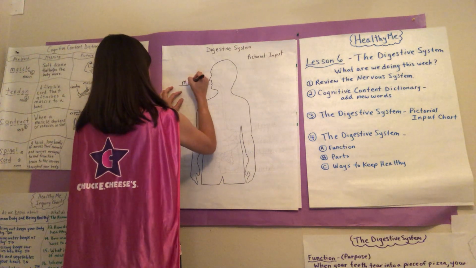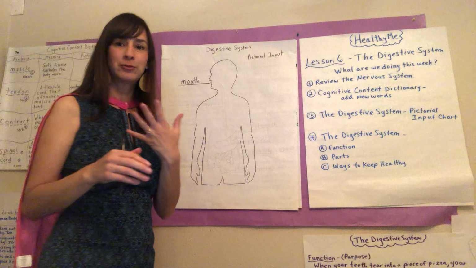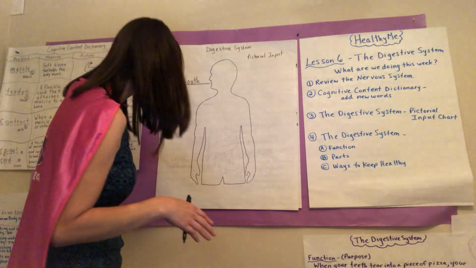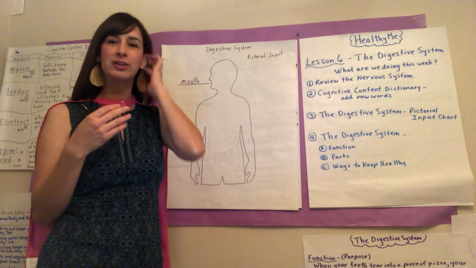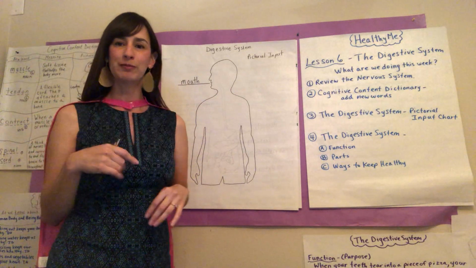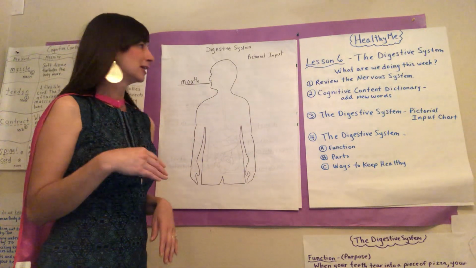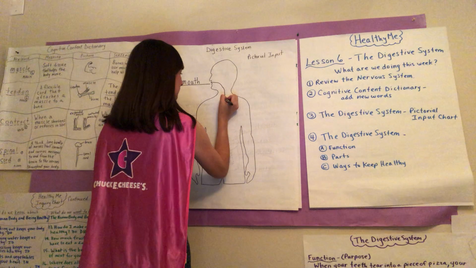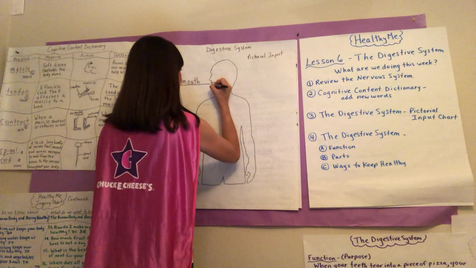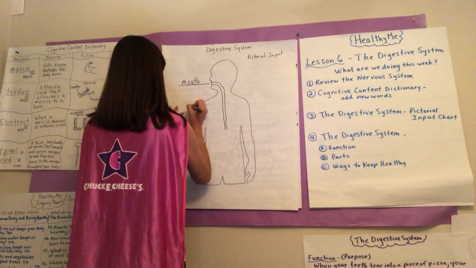So digestion starts in the mouth, actually starts even before food enters your mouth, because once you smell something that you're going to eat, your mouth begins to produce saliva, which is another word for the spit in our mouth. That saliva starts breaking down the food so that it can travel down the esophagus.